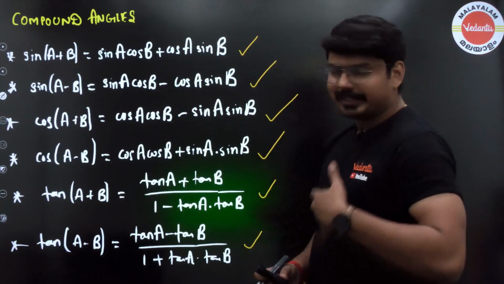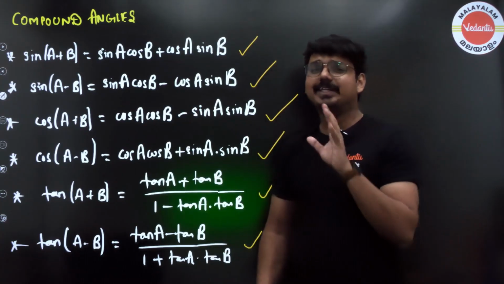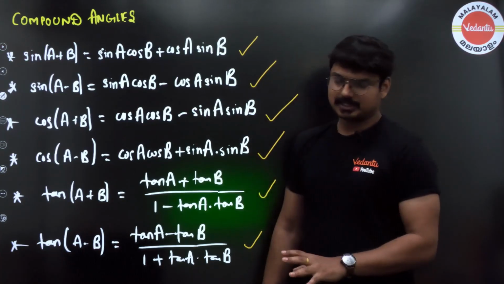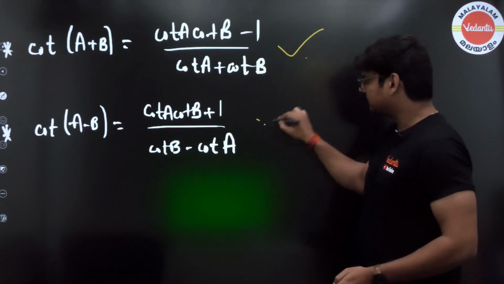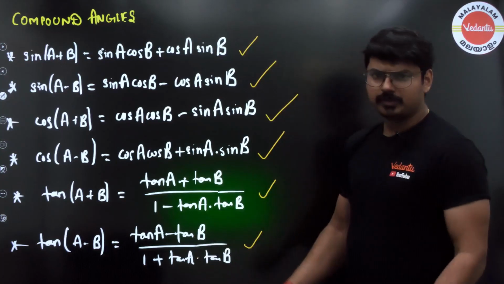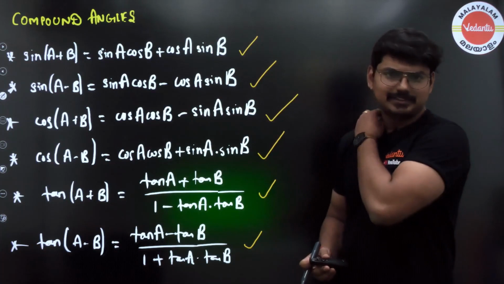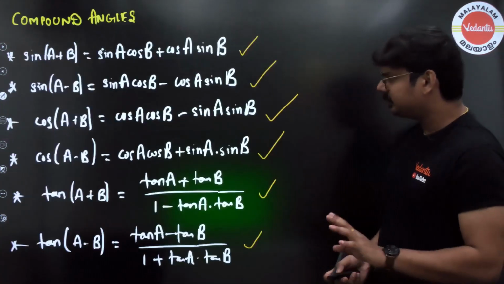There is no need for proof of all these formulas anyway; he's not going to ask any question from that. You need to definitely remember all these formulas, guys. In addition to this, cot of a plus b as well as cot of a minus b. You can pause the video, write down all the formulas on one page and keep memorizing them, or else you can take a screenshot and write them down afterwards. So I hope this is clear for you.